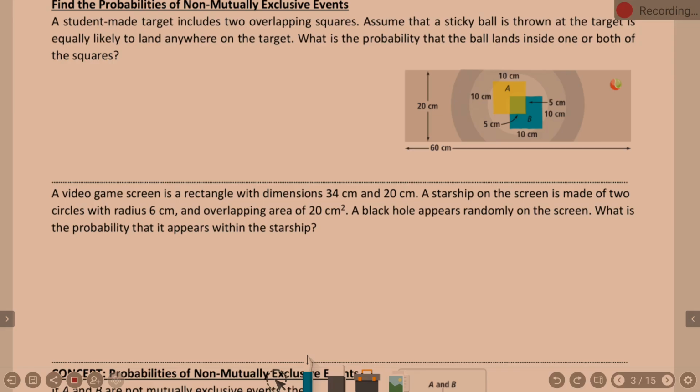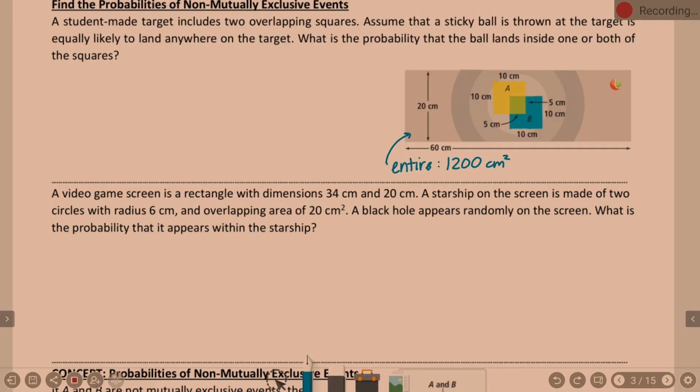Let's talk first of all, and I'm just going to write down some information. What's the entire area? Like this entire area of the whole big thing. 1,200 square centimeters, because it's 60 by 20, and we know 60 times 20 is 1,200 square centimeters. Are we okay with that?